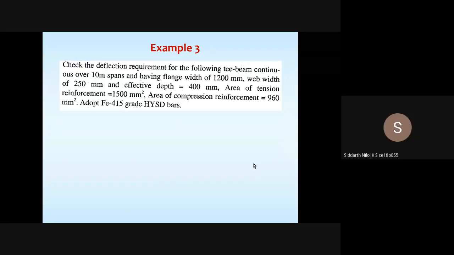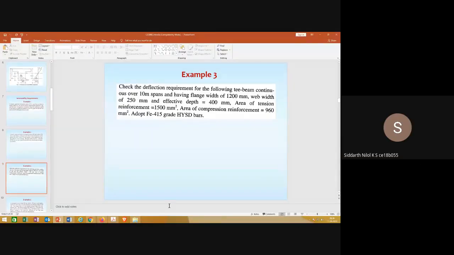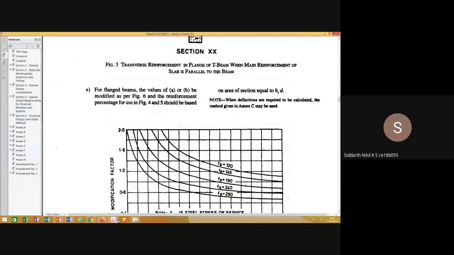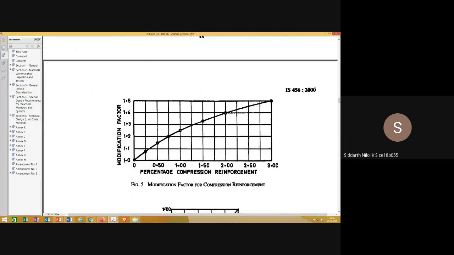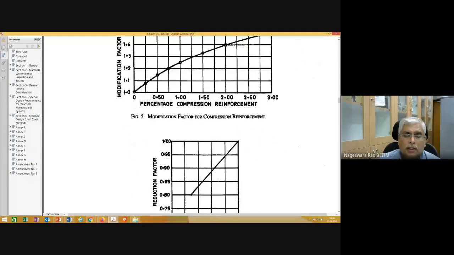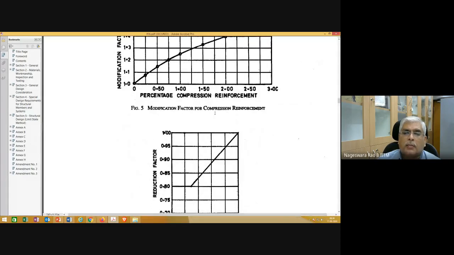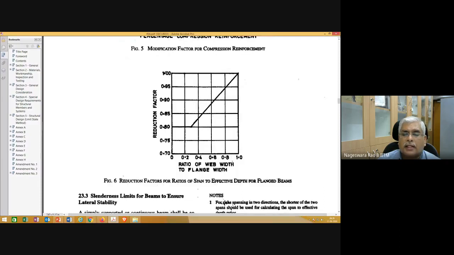Can I ask you to explain once again what we should do for flanged beams? I didn't really get it. Which one? For flanged beams, what should we do to find the deflection? No, just tell me the modification factor for compression reinforcement and also the reduction factor. Here you need to calculate a ratio, BW by BF.